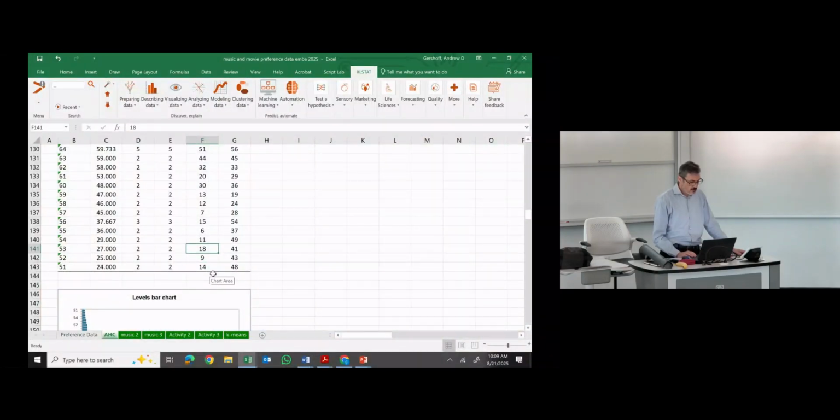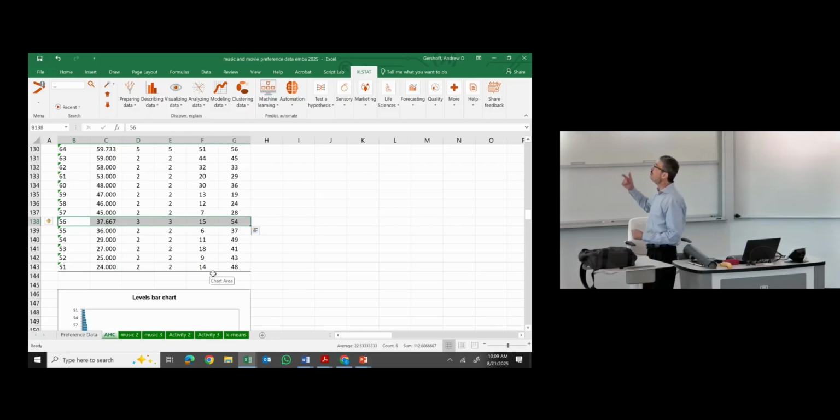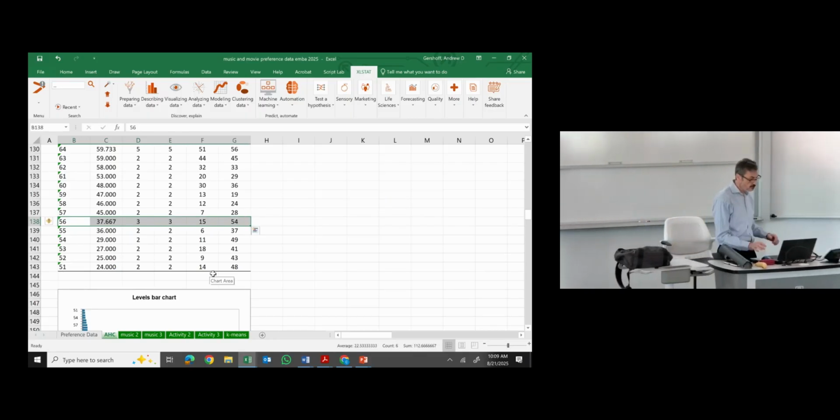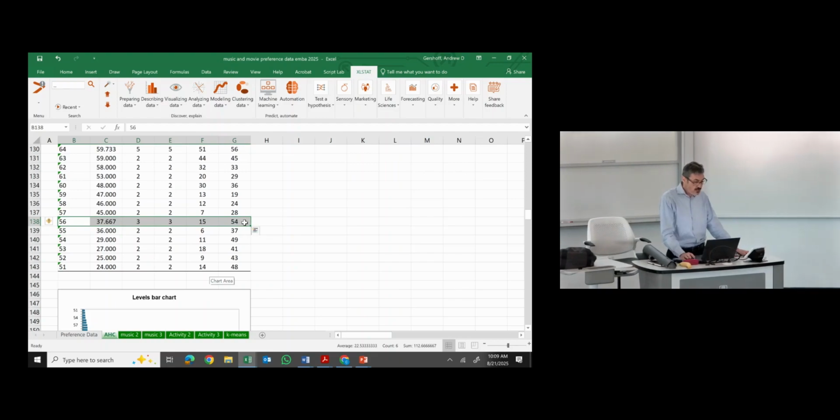Okay. And then what happens is 18 and 41 go together, and 11 and 49 go together, and 6 and 37. And then here, the first little magical thing, at island number 56, what happens is island number 54, which had already been created of person number 11 and number 49, now is joined by person number 15, and we rename it as number 56.